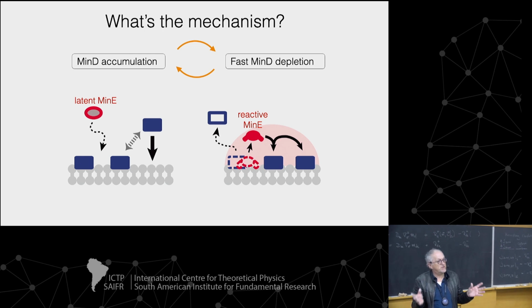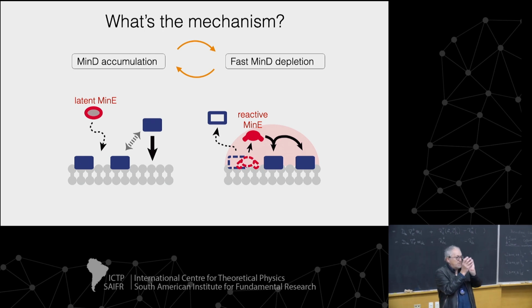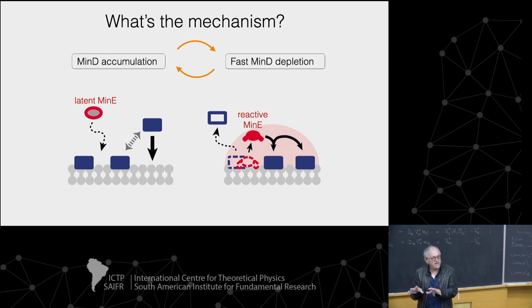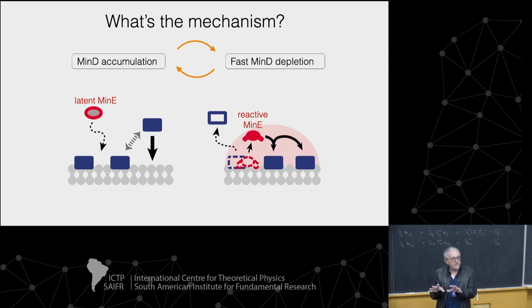And they're not able to bind because they're latent, right? Their targeting sequence is hidden away. So during that period, you can have as much MinE as you like, because it's not functioning. It's hiding in the latent state. So you can have accumulation of MinD on the membrane. That's the point. We have something that's not active yet, so you can go on the membrane.